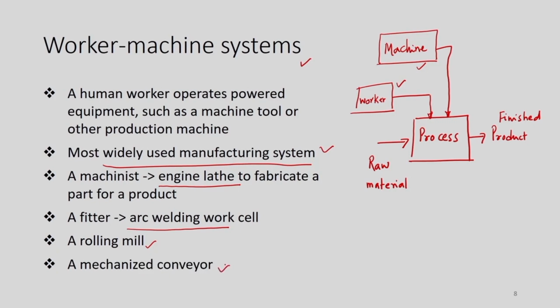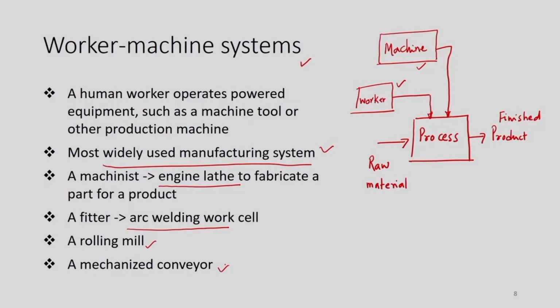Mechanized conveyor, the powered conveyor in which we are using electrical motors to drive the conveyors, and these conveyors are taking the part from one location to the other location inside the factory.